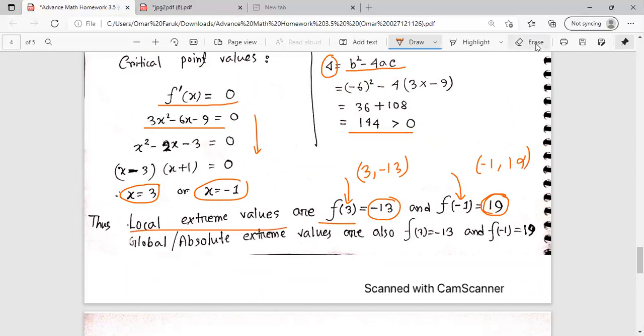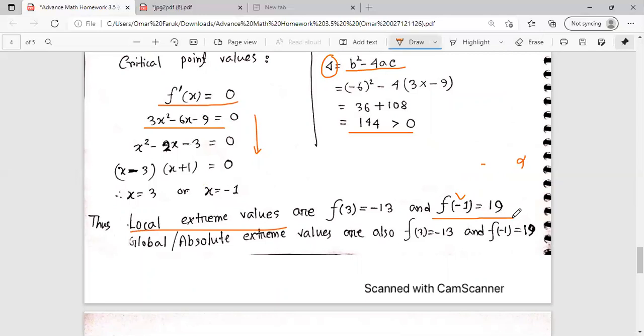So our local extreme values are f of 3 equal to minus 13, and f of minus 1 equal to 19. Our global or absolute extreme values are also f of 3 equal to minus 13, and f of minus 1 equal to 19. So in this case, our local extreme values and global extreme values are the same.